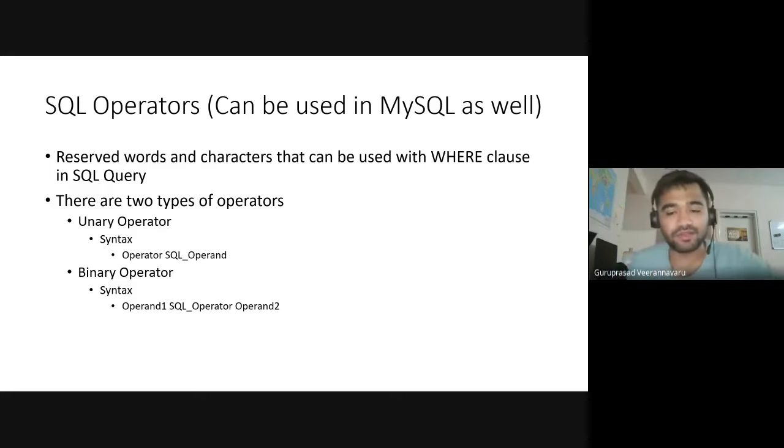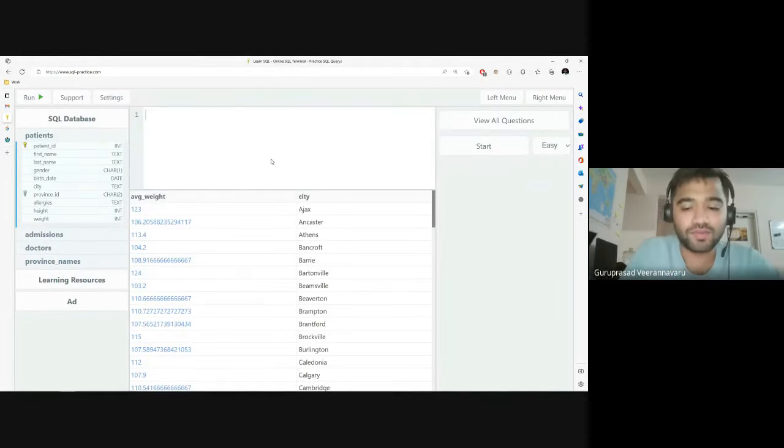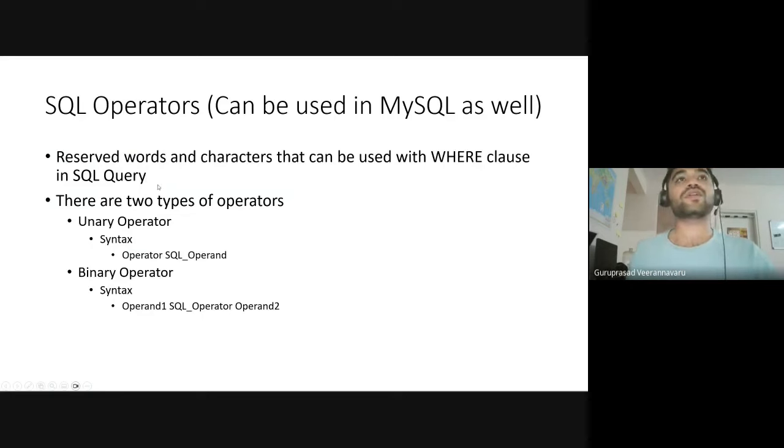If I give an example, 2 plus 3: here 2 and 3 are operands and plus is the operator. Usually there are two types of operators in SQL, but in actual computer science you'll find even more.